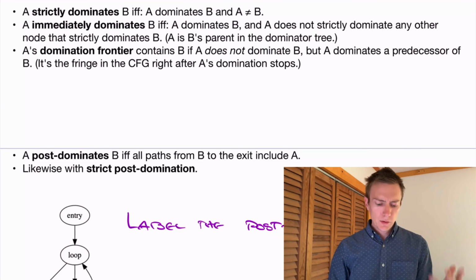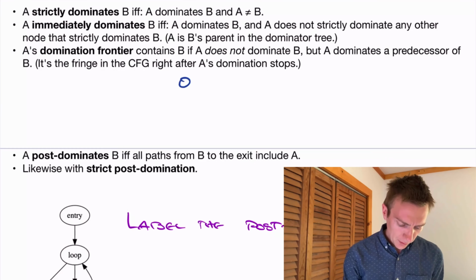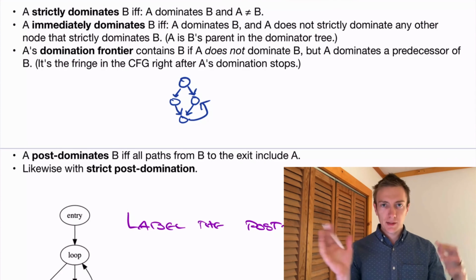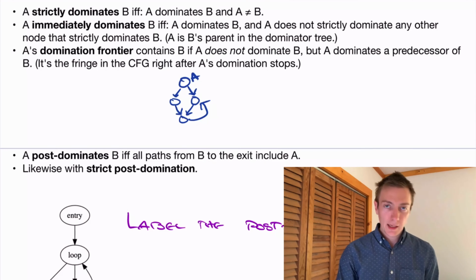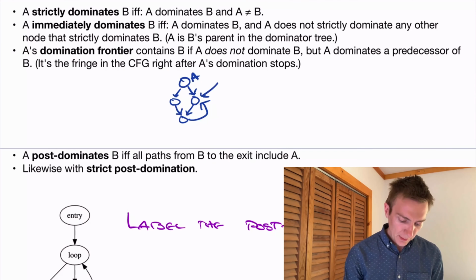dominance frontier. So let's draw a kind of a cartoon of what this looks like. If you have a node that has a big old tree of nodes that it dominates, that is, you can have splits and recombines in the control flow graph, you can even have loops and stuff, but the one thing that you can't have in all these nodes that are dominated by, let's call it A, is other edges coming in from the outside.